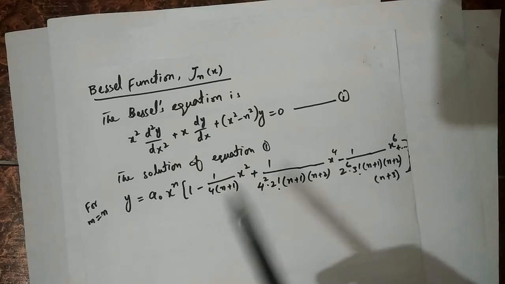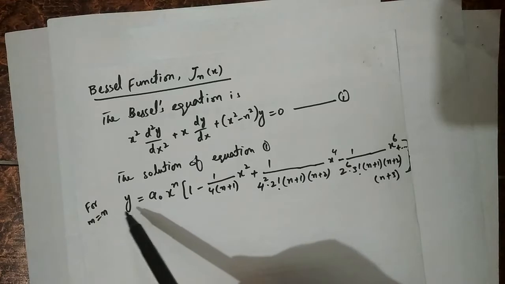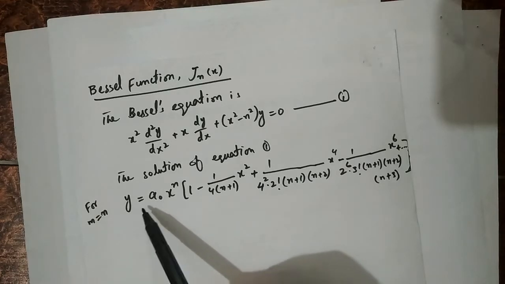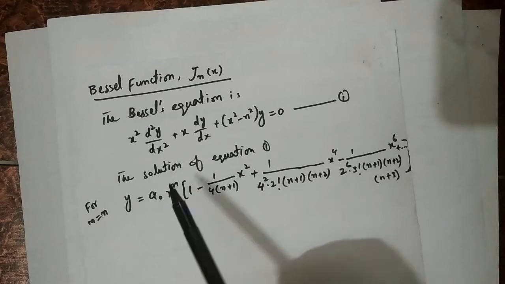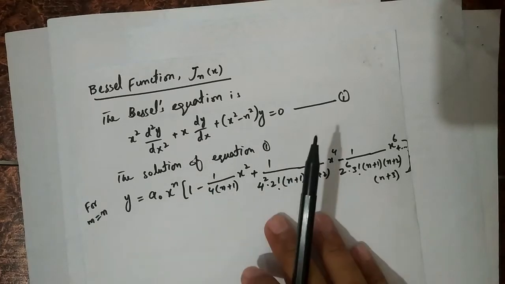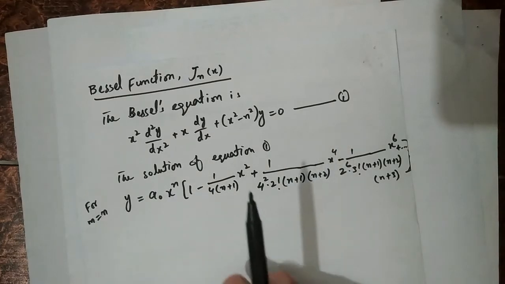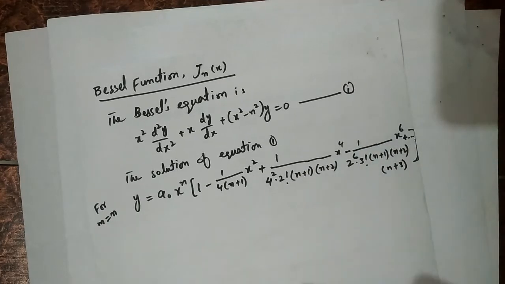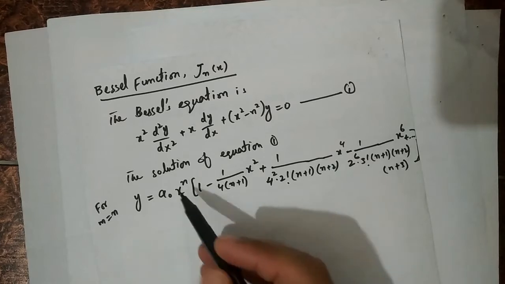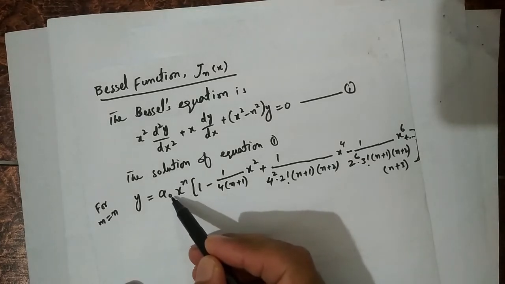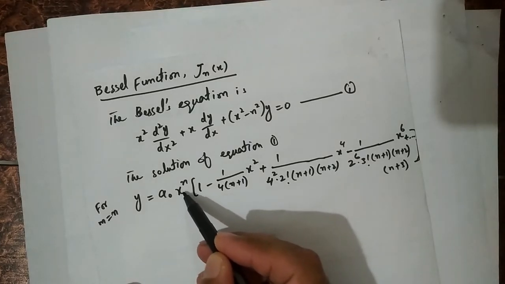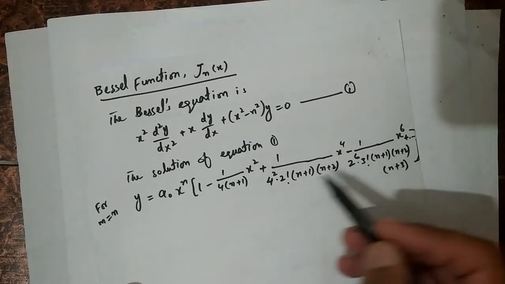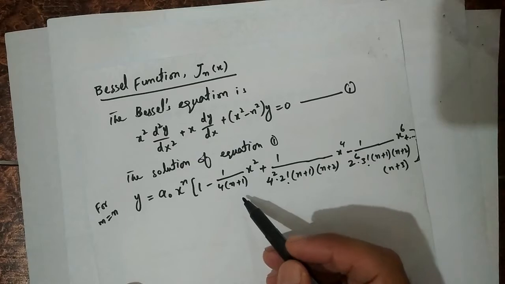And we discussed in our previous lecture that this solution is called Bessel function of order n, and now we are going to write it in summation form. As you know that there is one thing common, that is a naught x to the power n, and now we are going to write this series in the form of summation.